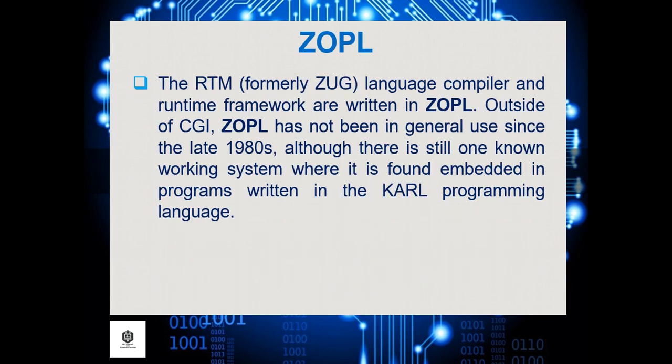The RTM, formerly ZUG, language compiler and runtime framework are written in ZOPL. Outside of CGI, ZOPL has not been in general use since the late 1980s, although there is still one known working system where it is found embedded in programs written in the CAR programming language.